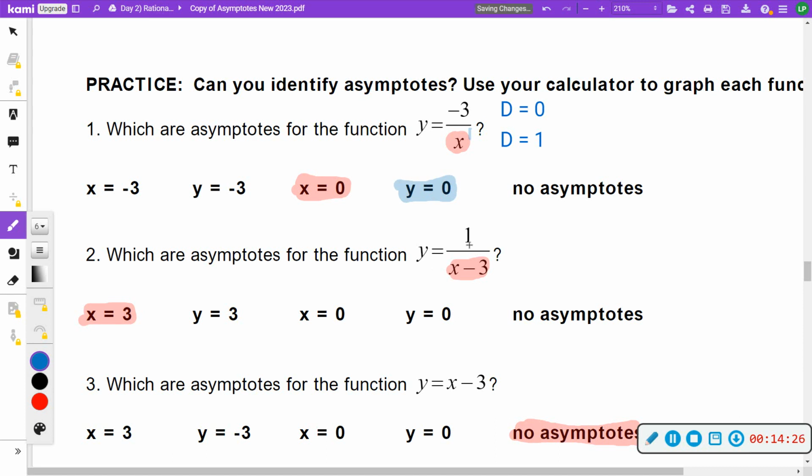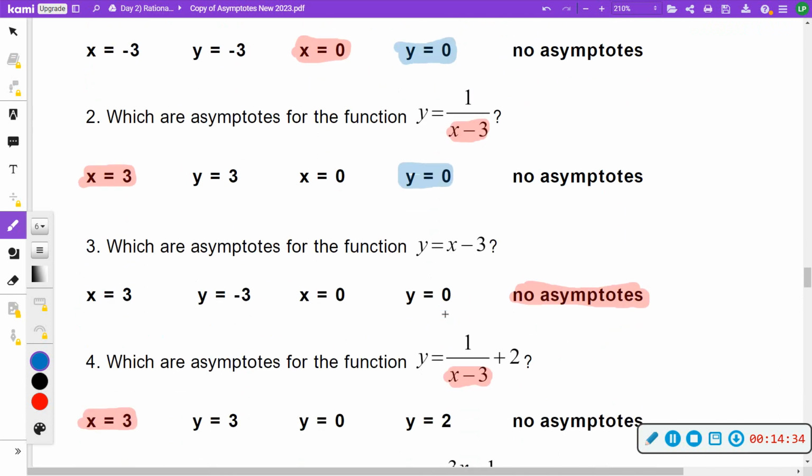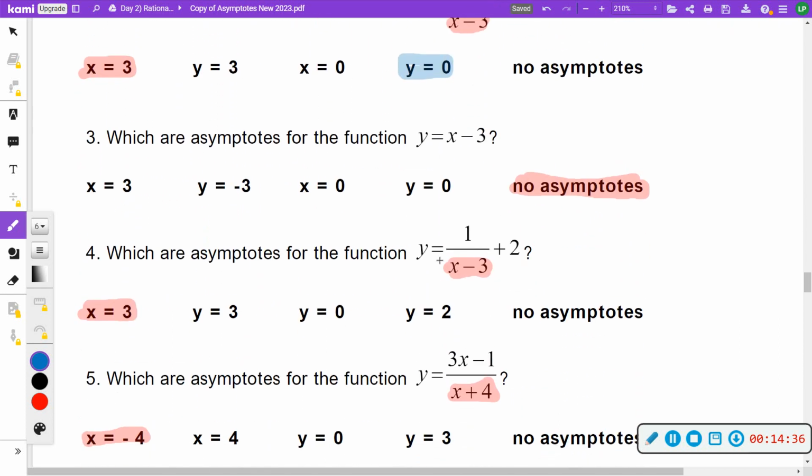Same thing, this problem, this degree is 0, this degree is 1. So it has a horizontal asymptote at y equals 0. This one had no vertical asymptotes. Again, the degree here is 1, the degree here is 0. So horizontal asymptote, y equals 0.